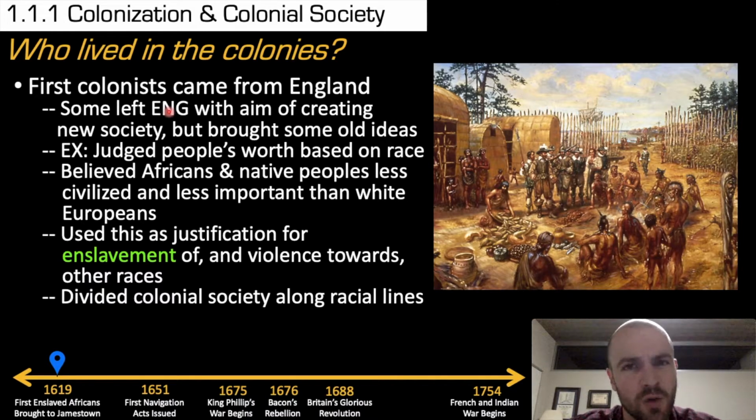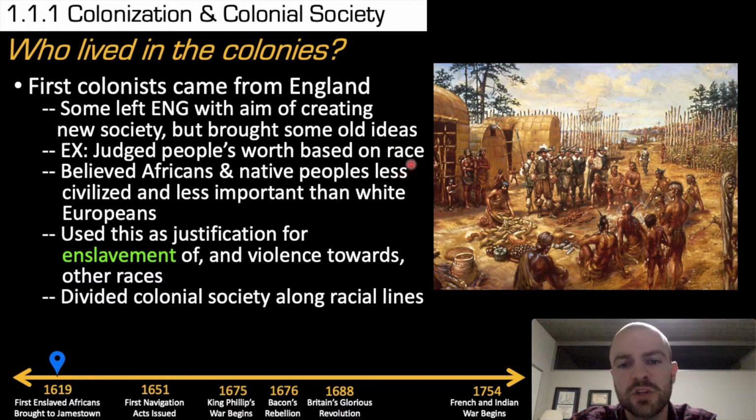It's very underwhelming. So, anyways, the Puritans and the English that had come here from England had brought with them some old ideas from England, and one of those ideas is that they judged people's worth and value based on their race.